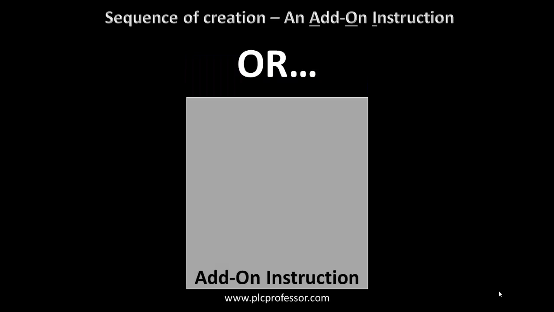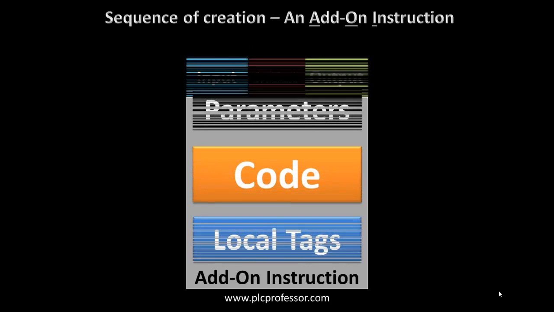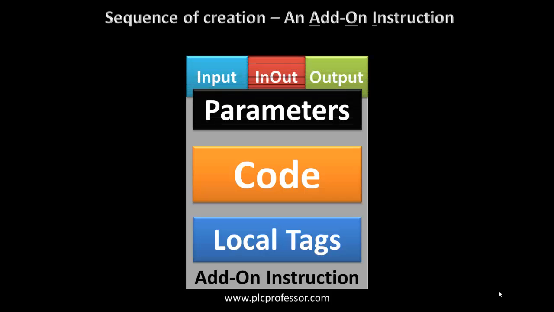Or, like I normally do, I either write the code from notes in memory, or I paste it in and define the tags and parameters as I go along. So I kind of write the code and define the tags and parameters as I go.